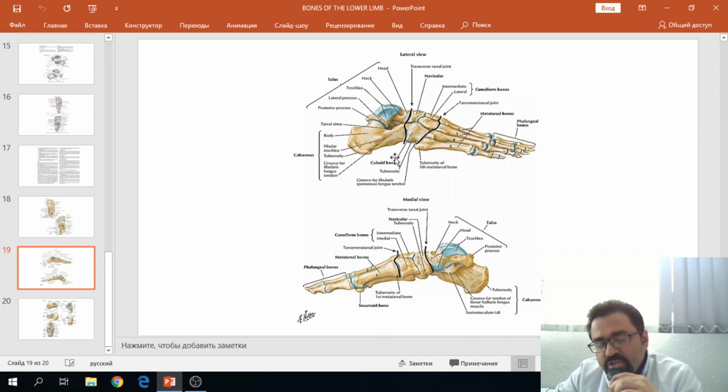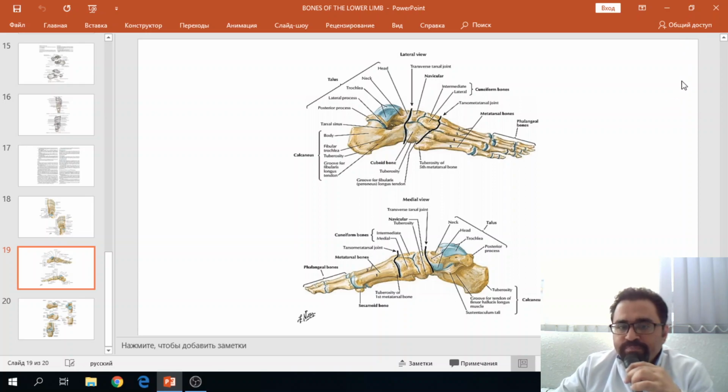Then there is cuboid bone, this is navicular, and then there are cuneiform bones. Here we can see lateral, intermediate, and then on the medial aspect we have medial bone. Then these are the metatarsals: 5, 4, 3, 2, and then 1, and then there are phalanges. Okay, now we finish here.